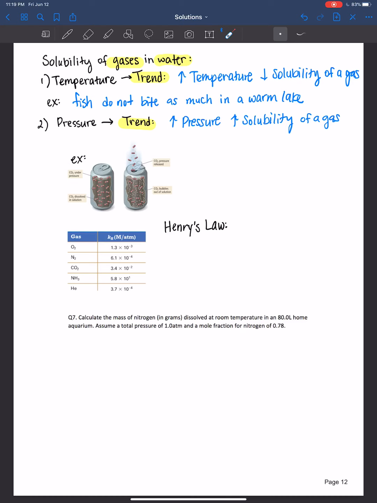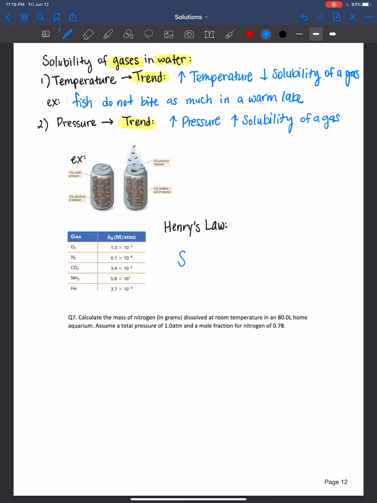And so just to summarize, the relationship between temperature and solubility of gas is inversely related, whereas the relationship between pressure and solubility of a gas is directly related. And we can quantify the solubility of the gas using Henry's law, and that is represented as such.